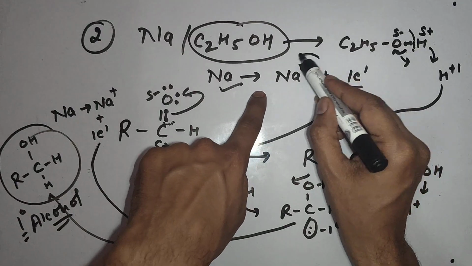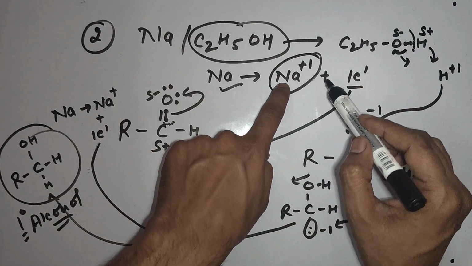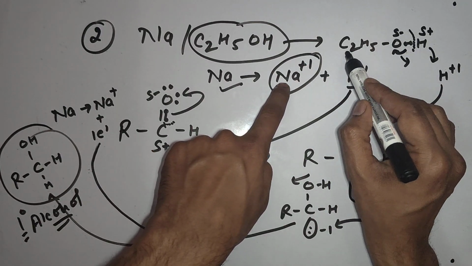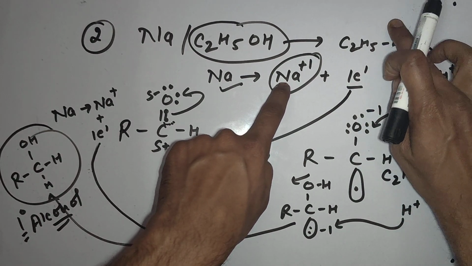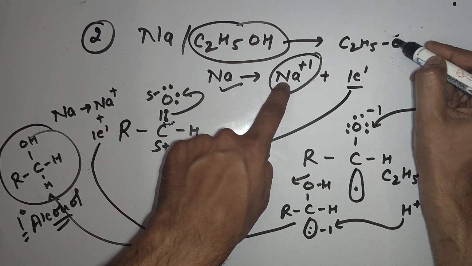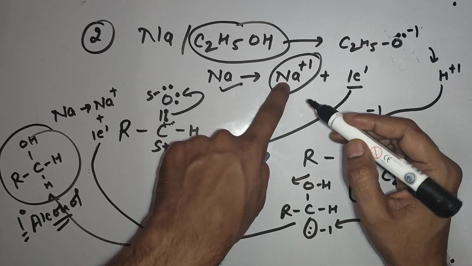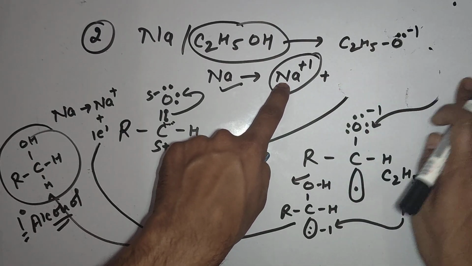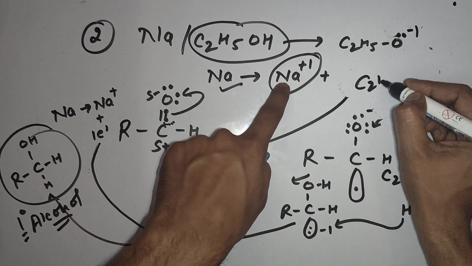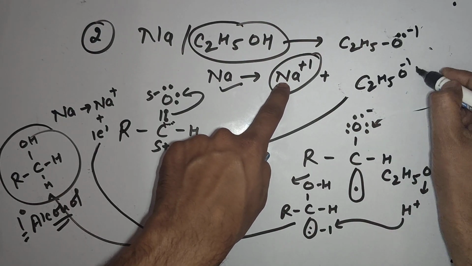What about these Na positives which are generated? Na positives will combine with these particles. C2H5O negative was generated because oxygen got electron from the hydrogen side, so it will carry a negative charge. Na positive and this O negative will combine and they will create sodium ethoxide, C2H5O negative, Na positive.